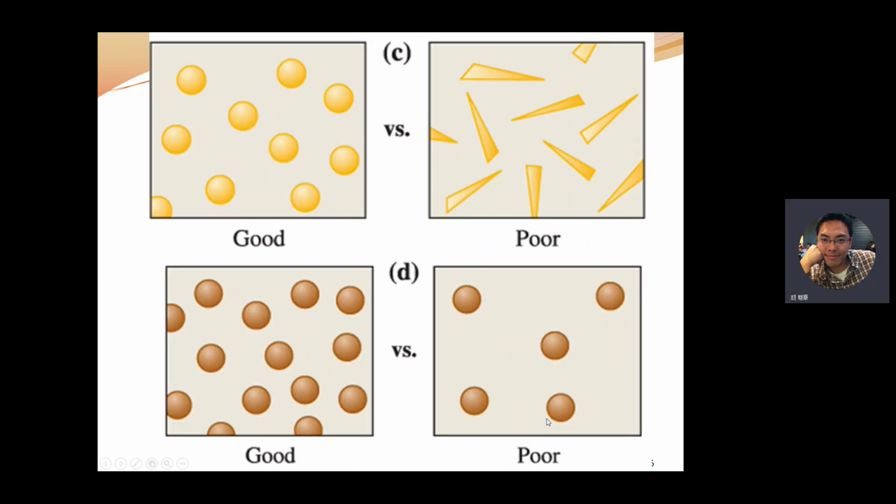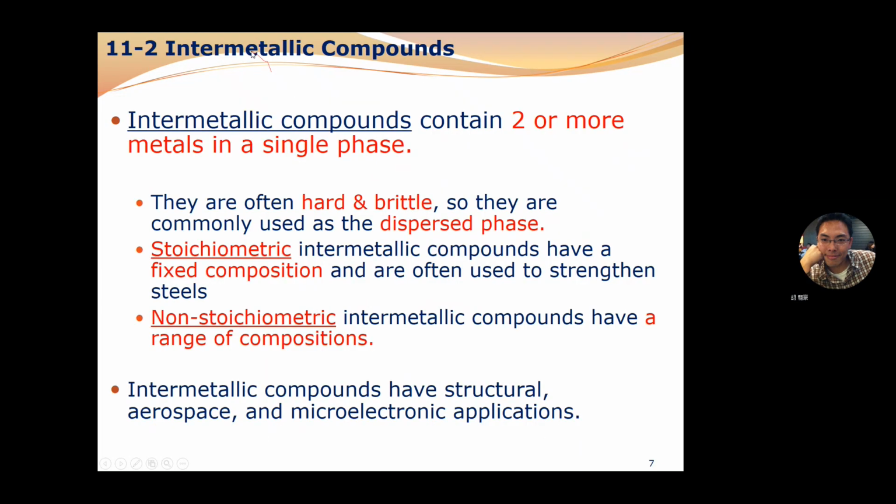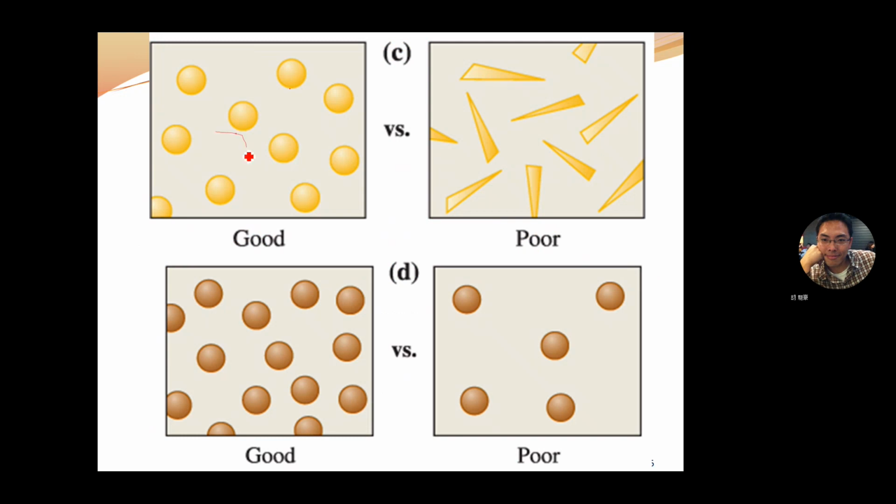And also the shape of the dispersed particle. Round is always better than other shapes. This round shape is much better than a needle shape. Why?